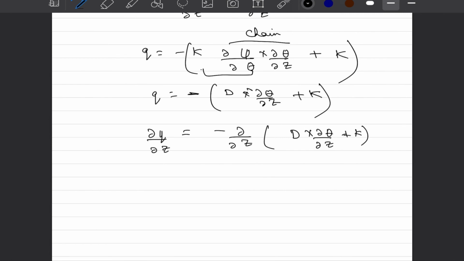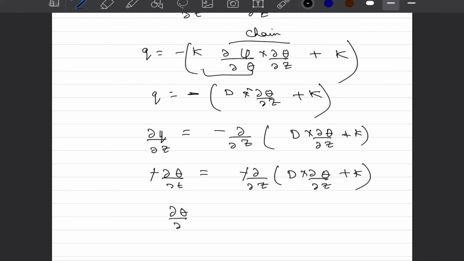And we know that from the continuity equation, this del q upon del z is equal to minus del theta upon del t. So if we equate these two sides, both these negative signs cancel out.